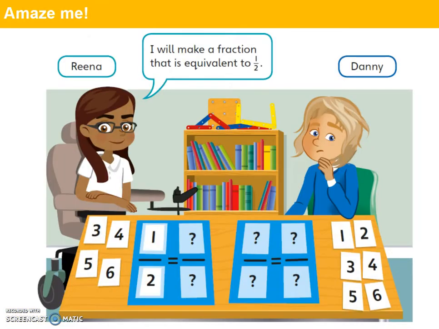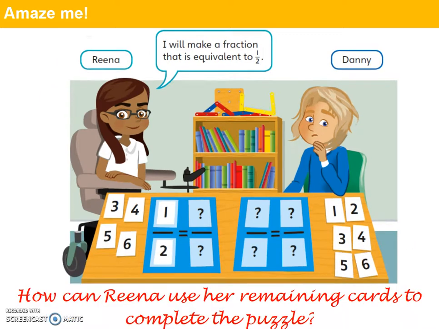So turning to our textbook, we can see that our first question is relating to Rena and Danny's mathematical problem. We can see that Rena is thinking that she's making fractions that are equivalent to 1/2 using the number cards that she has. For question 1a, we're asking how can Rena use her remaining cards to complete the puzzle?